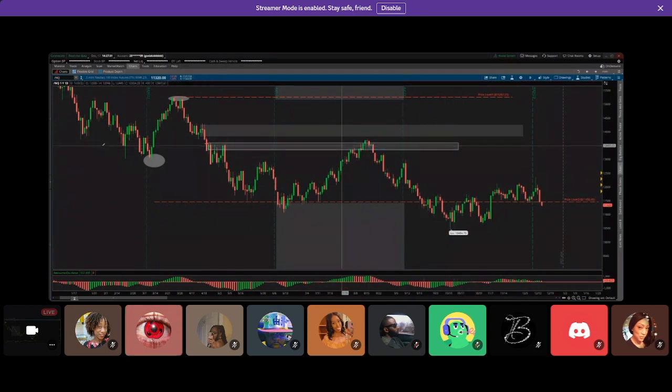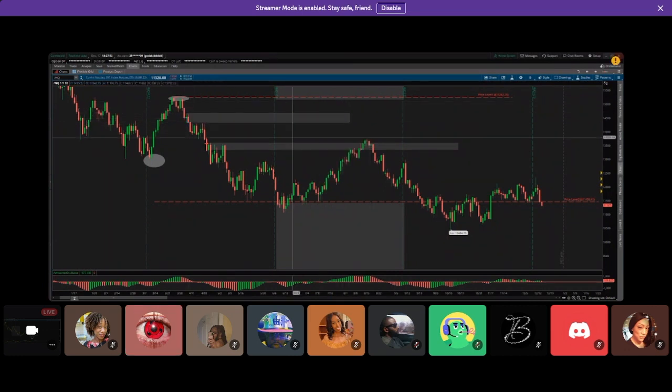However, this is also a supply zone right here. So in my head, this is how I look at a supply zone. There's always a creation, then a confirmation, then the move. So basically, if you look here, this is the creation, right? Pulling back into it and then breaking a new low is the confirmation.